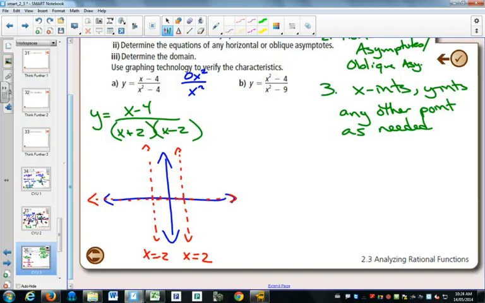All right. So now as far as our graph goes, let's label all of our x-intercepts and y-intercepts. Can you see when the whole thing is 0 that you're going to have 1 as a y-intercept? And when is the top equal to 0? At 4.